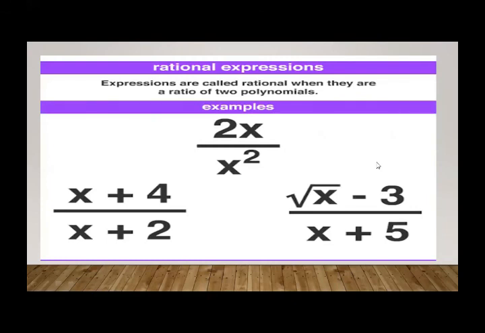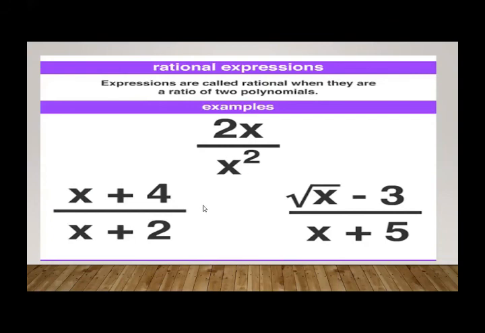Then rational expressions are called rational expressions when they are a ratio of two polynomials. In detail, I have shared what is meant by a ratio. Ratio is the relation between two quantities which are of the same kind. So in examples, we follow that 2x upon x square.